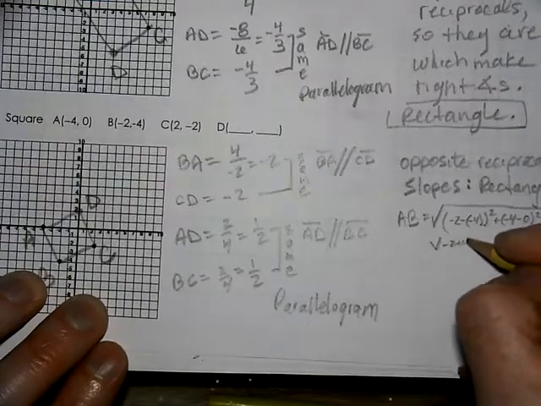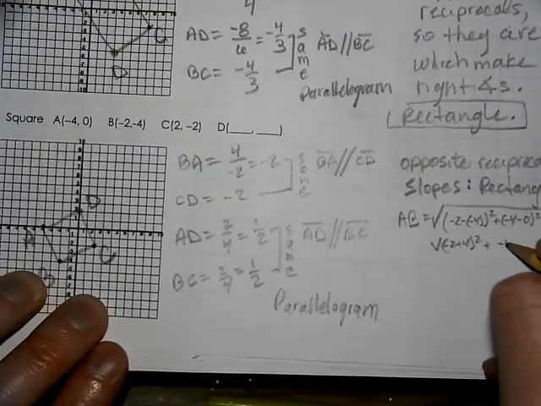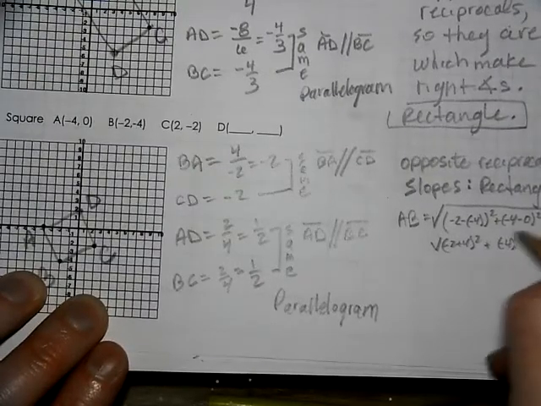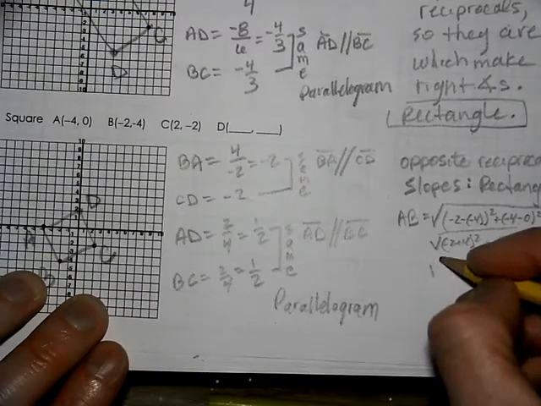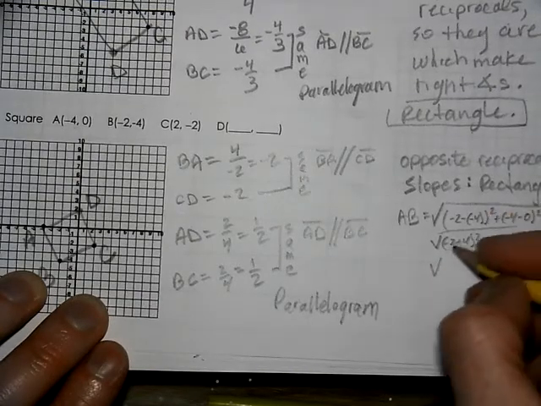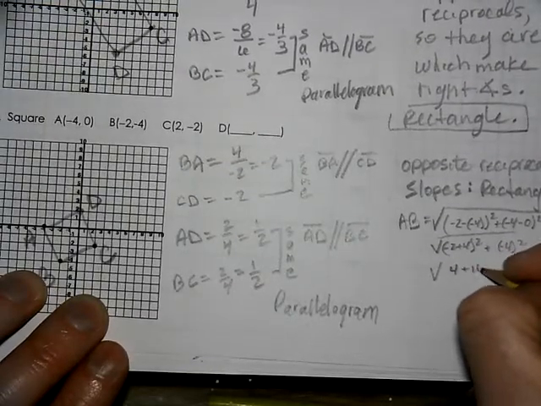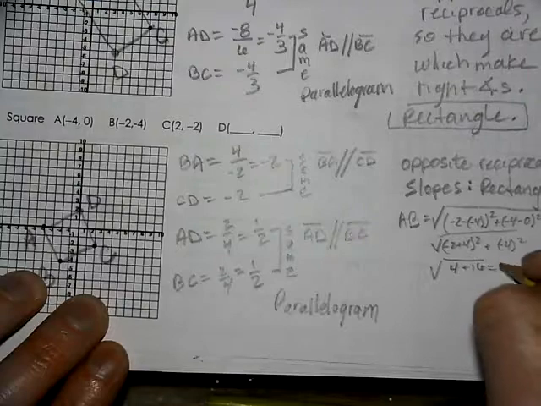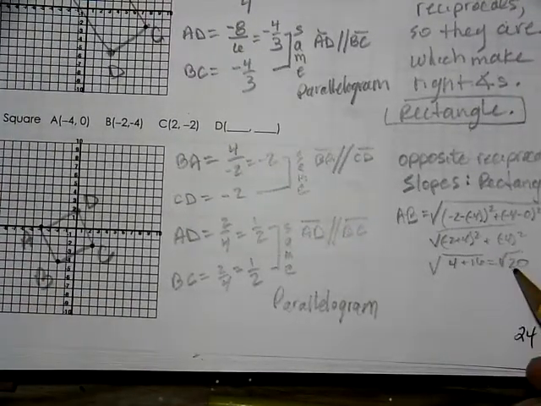Negative 2 plus 4 that's being squared. Two squared is 4. Negative 4 squared is 16. So that's the square root of 20.